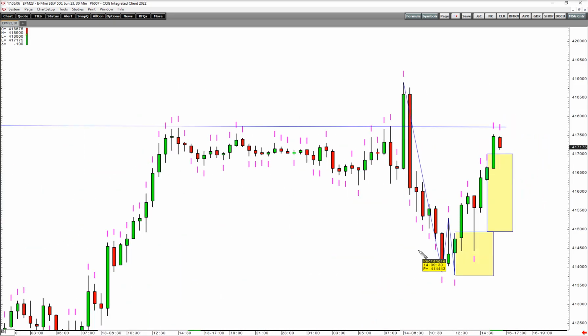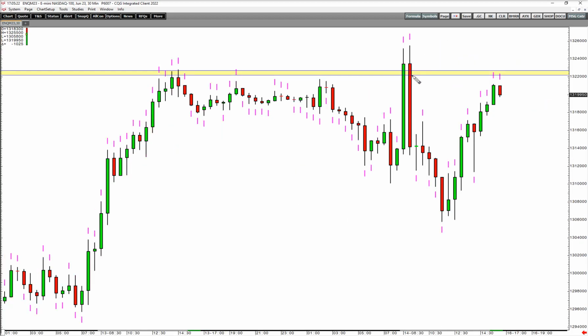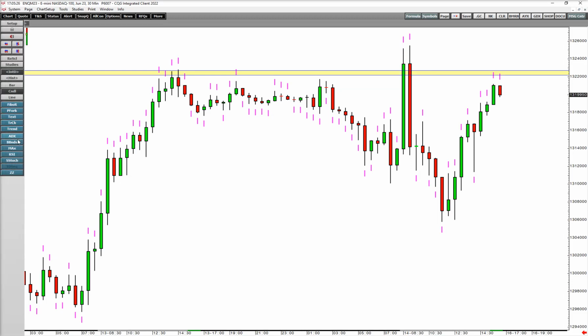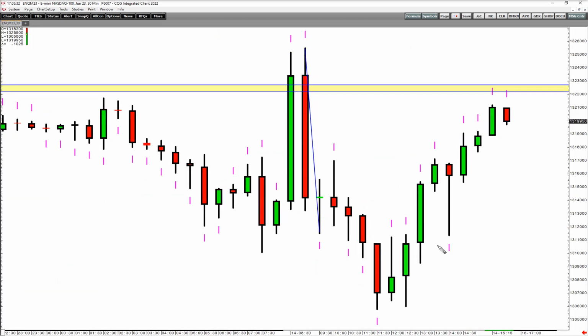And the Nasdaq had a very similar setup, where we were waiting for a breach of the high. I guess it would have been, this was the down day, so the breach here of 28. And when we broke 28, again on the same opening bar, we did get a slightly different than the S&P, but the same structure.